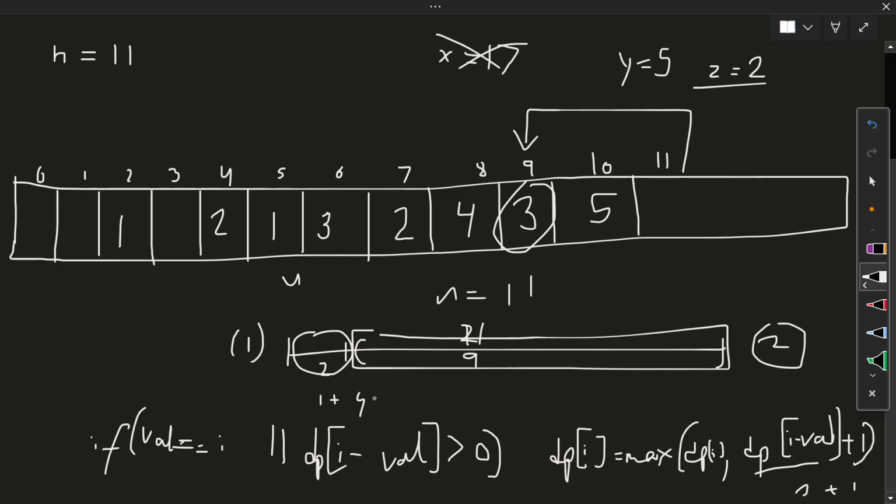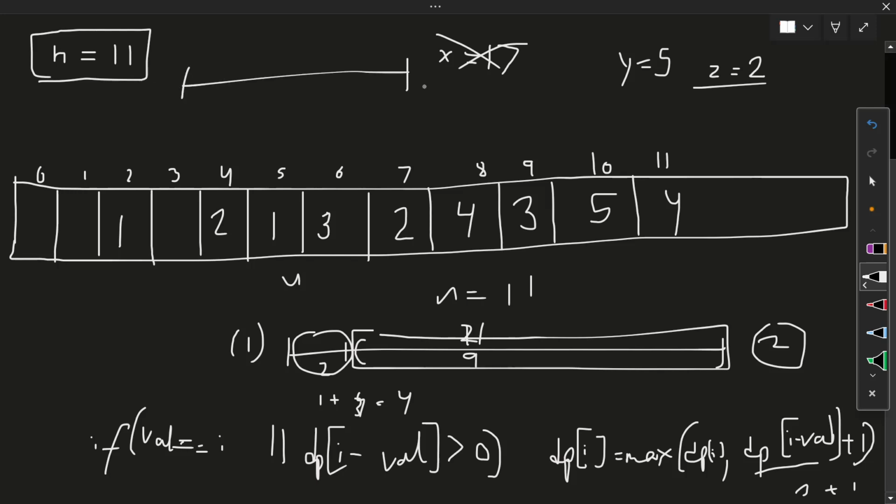So here 3, so the maximum we have is 4, so we will store 4 and the answer is 4 in this case. 4 means if n is equal to 11, so we can break this 11 into 4 parts. So that's how we will solve this question.